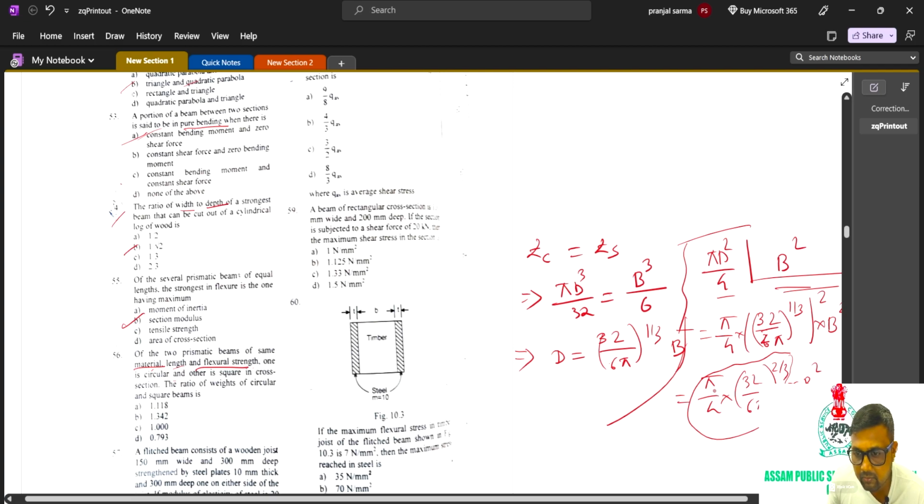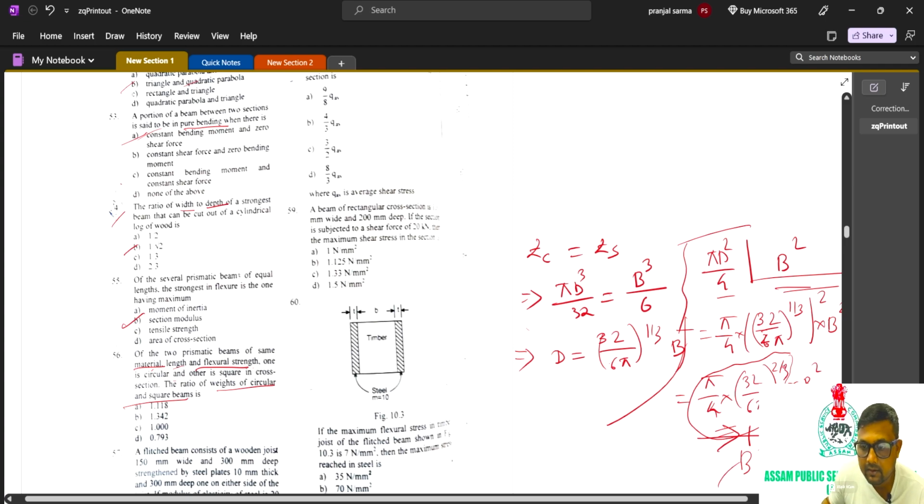Now what is this value? So pi by 4 into (32 by 6 pi) to the power 2 by 3. This value is more than 1. That means circle will have more weight. And what I have to do? I have to do a ratio of weight of circle and square. So I divide this by b square.